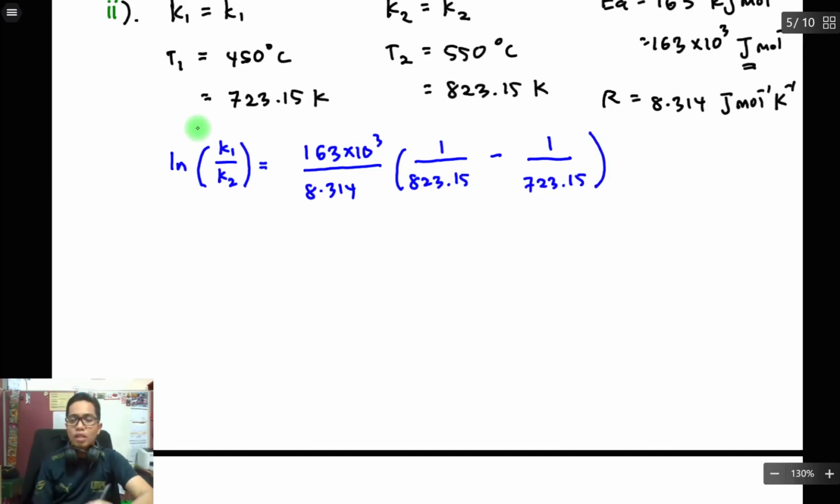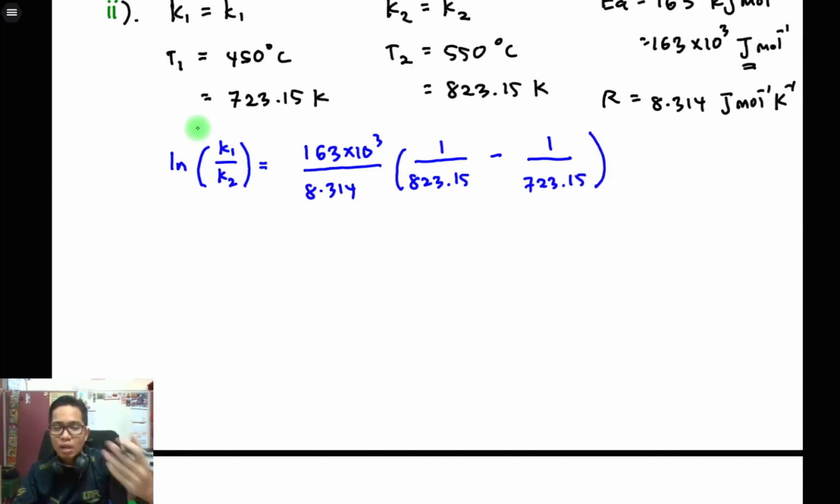Okay, siapa yang lupa formula boleh buka nota ataupun check balik previous question. Kita dah buat formula ni banyak kali dah, so saya tak tulis kat sini.